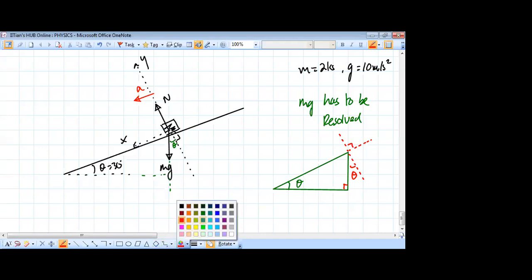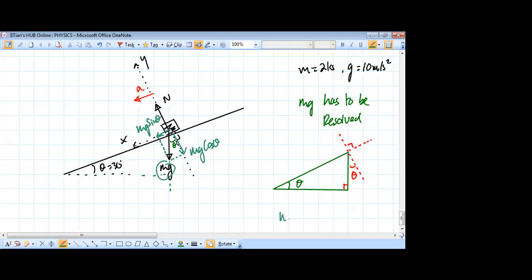So when we resolve mg, this component of mg will become mg cos theta, and this component of mg will become mg sin theta.